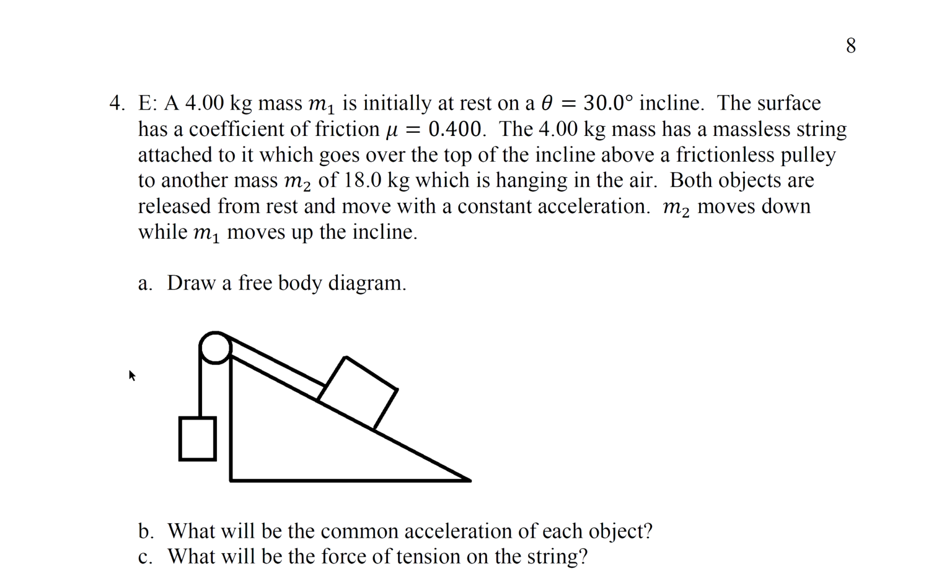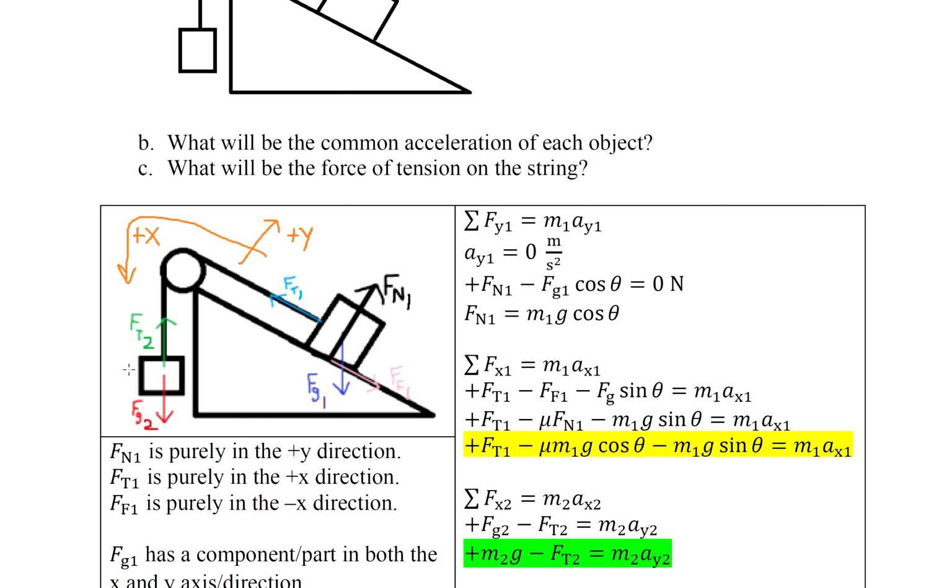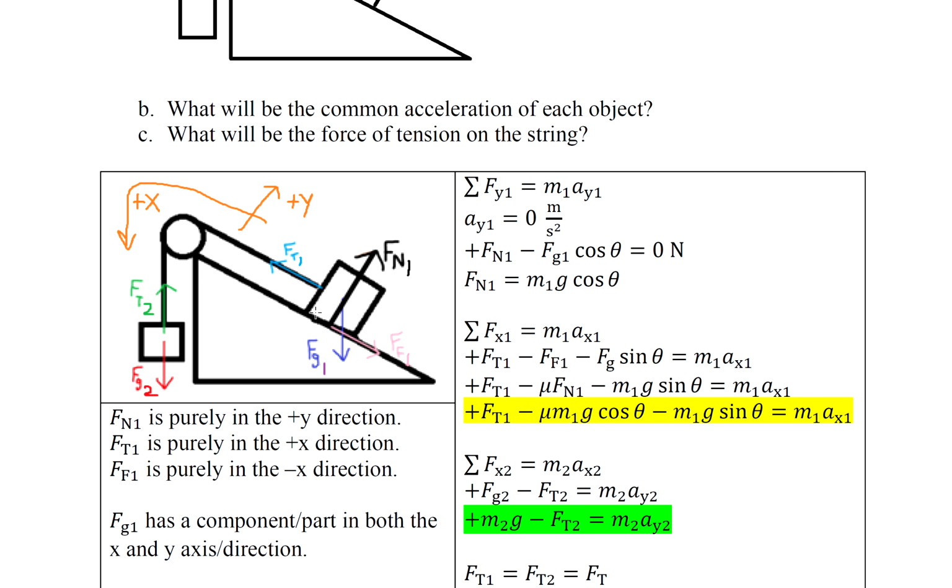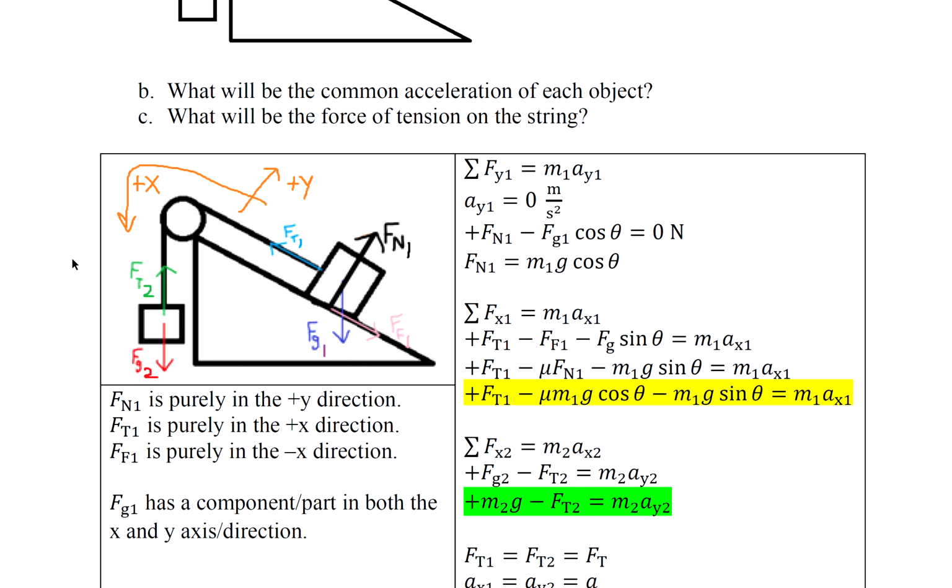Part A, draw a free body diagram. So remember what I said, circle the objects, label the forces, put an x and y axis, and use F equals ma. So I did not circle the objects, but there are two objects. I labeled the forces, I put an x and y axis. So notice my x-axis is counterclockwise.